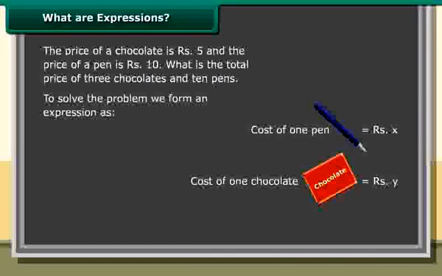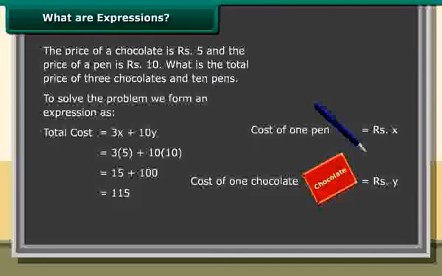Cost of 10 pens is equal to ₹10X. Total cost is equal to 3Y plus 10X, which is equal to 3 into 5 plus 10 into 10, which is equal to 15 plus 100, which equals 115.